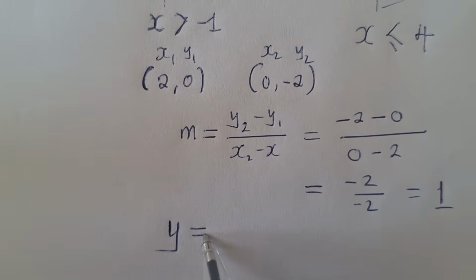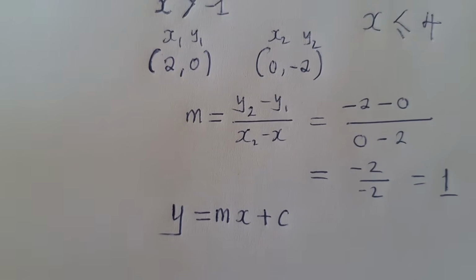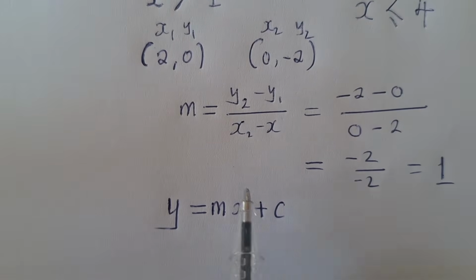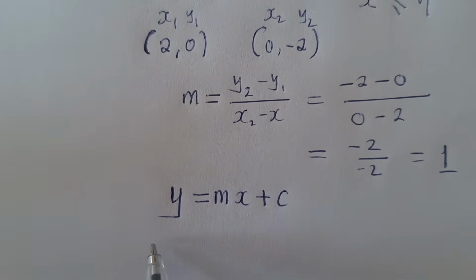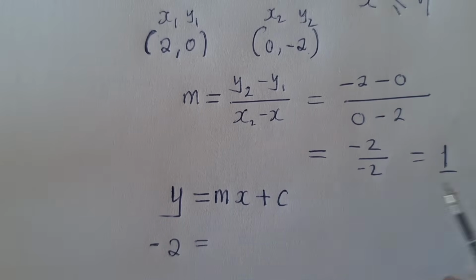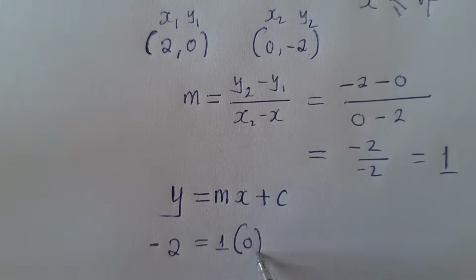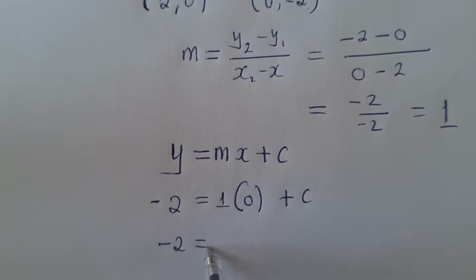We can therefore use this formula to find the equation of a straight line. On this formula, we can use one of the coordinates. I'll say this is -2, y, equal to m which is 1, and here x is 0, plus c. Solving for c, this would be -2 equal to c.